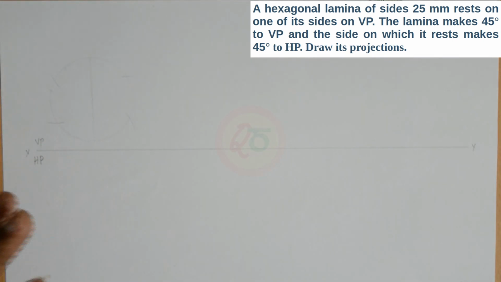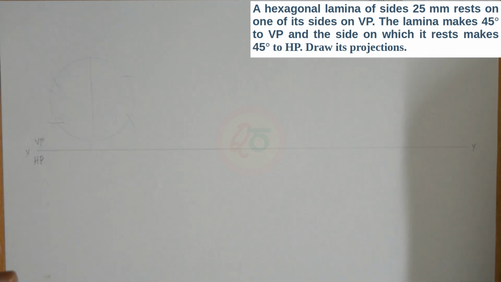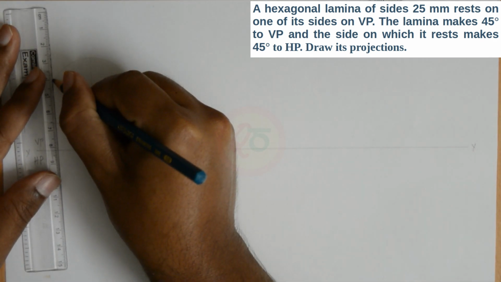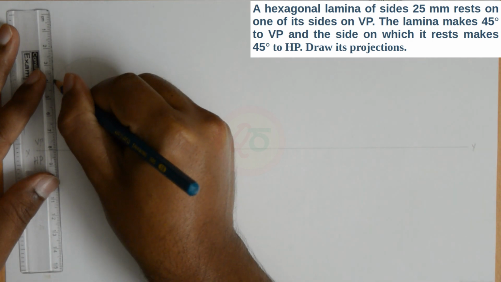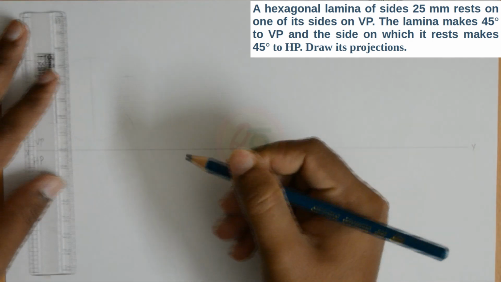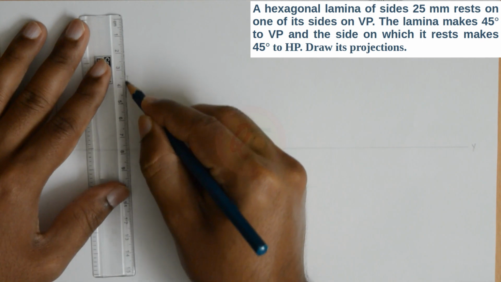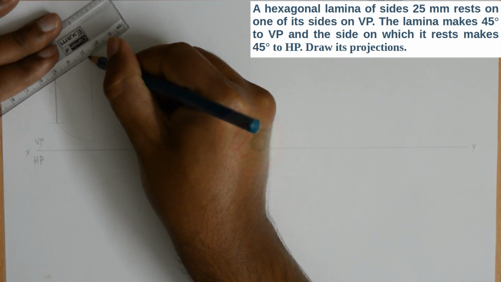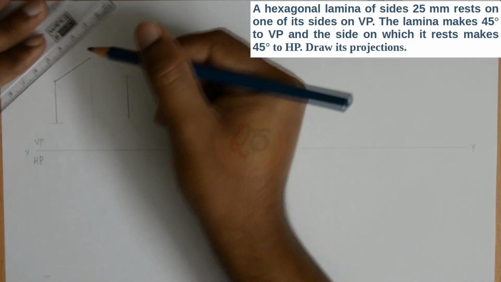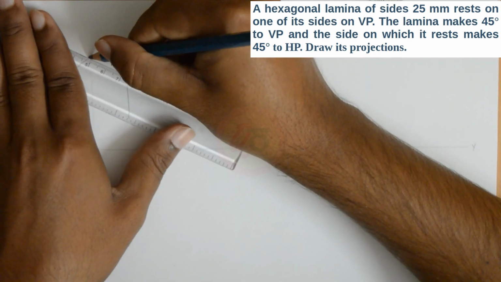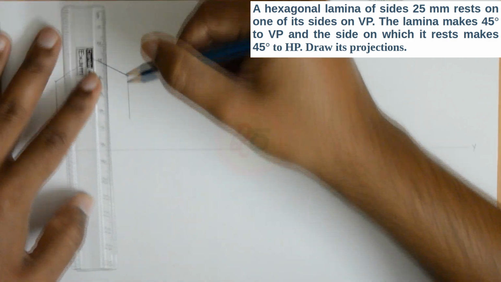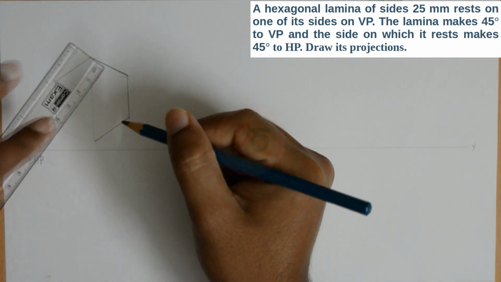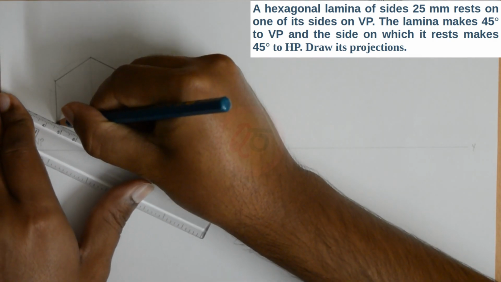Now you'll have 6 corners. Connect them. This will be 1, 2, 3, 4, 5, and this will be the 6th.